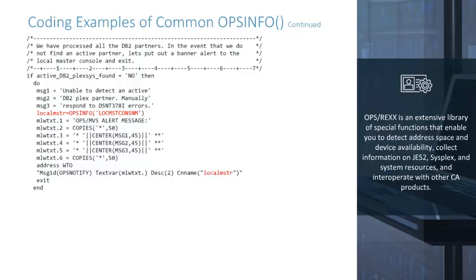You can then use the return value of this function within the address WTO statement to dynamically direct the message to the local master console. Additionally, this type of logic is especially effective if the automation is running across many different systems, all of which have unique master console names.